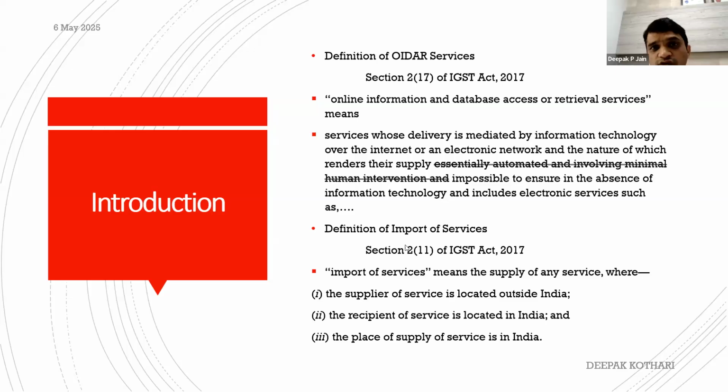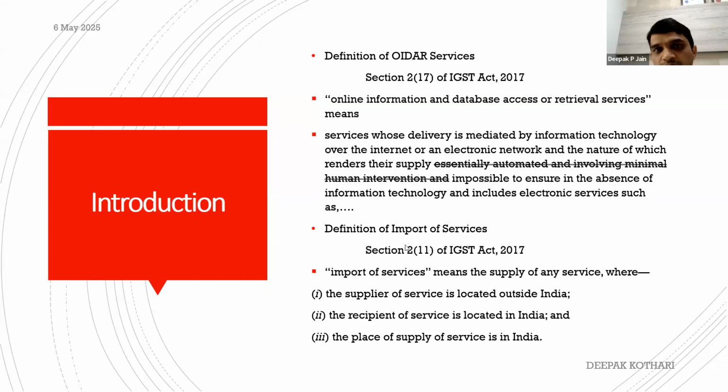It says any services whose delivery is mediated by information technology over the internet. And the amendment which happened in 2023 was that earlier the terms "essentially automated and involving minimal human intervention" were there. Now that aspect is deleted. So now it may be automated or not, and human intervention is deleted. So even if minimal human intervention is involved, it will not be kept out of the OIDAR services.